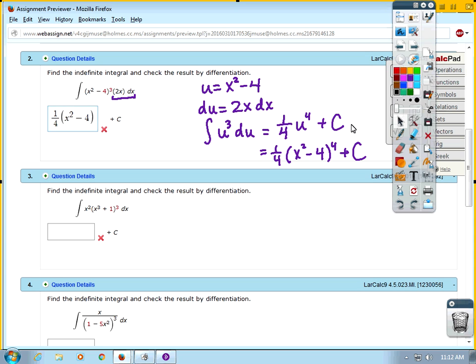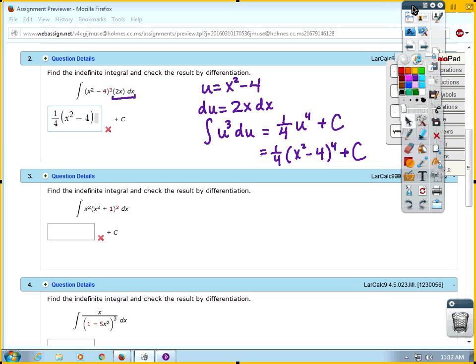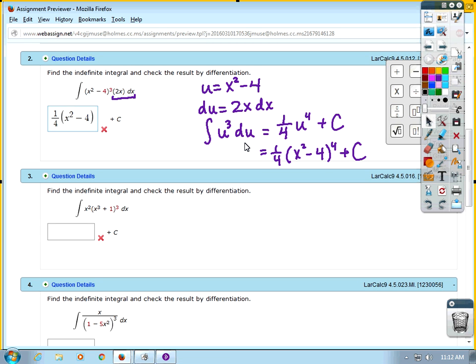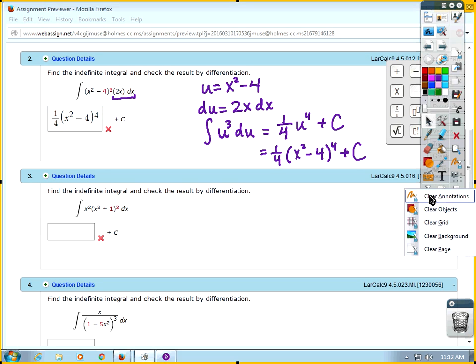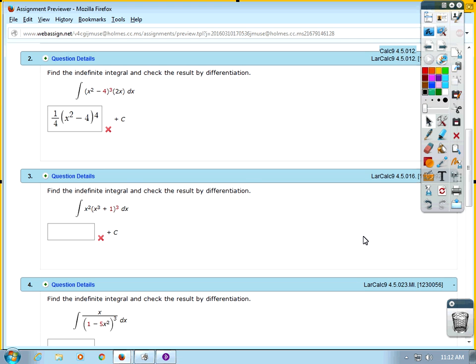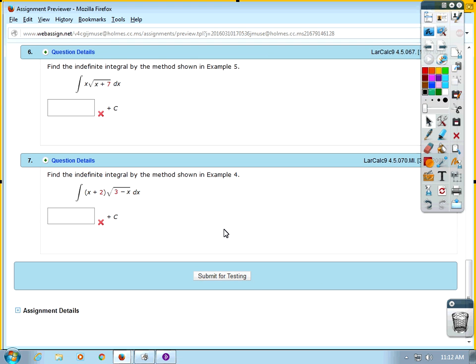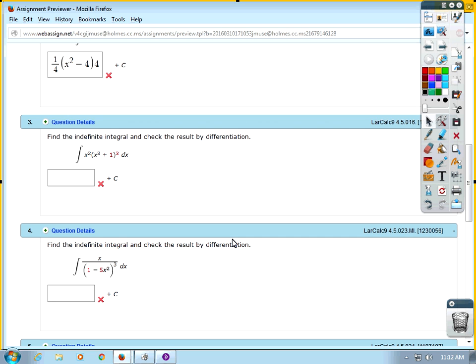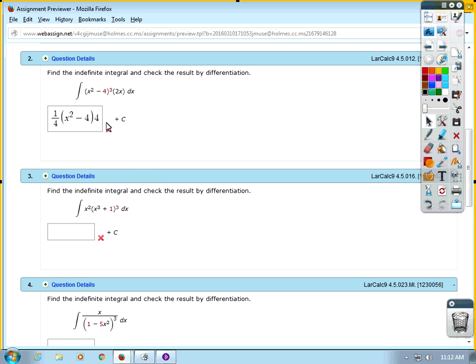Sometimes doing this in Blackboard Collaborate messes things up on the computer. Like right there, that did not write it as an exponent. So let me try again.